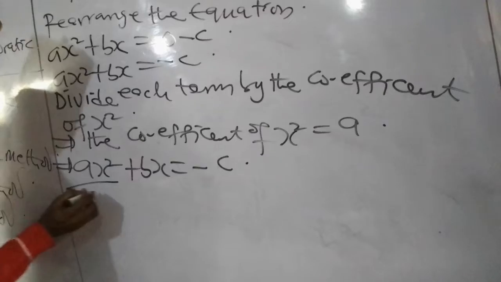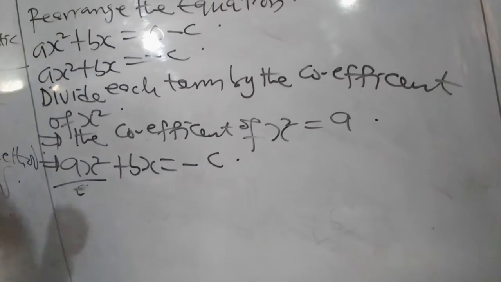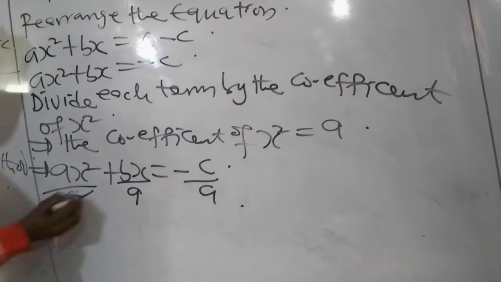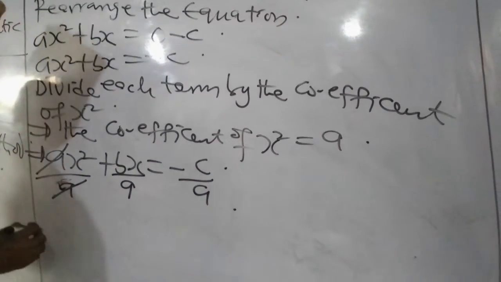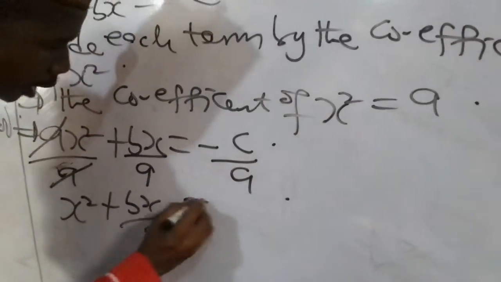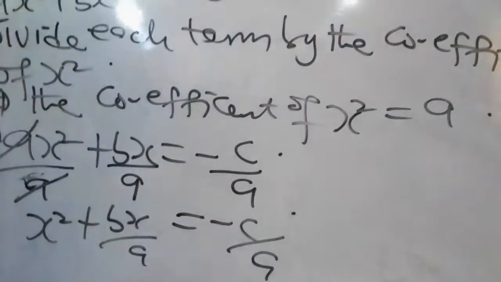We divide each term by a. We cancel this a. We are now left with x squared plus bx over a is equal to minus c all over a.